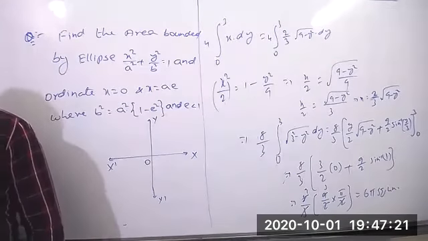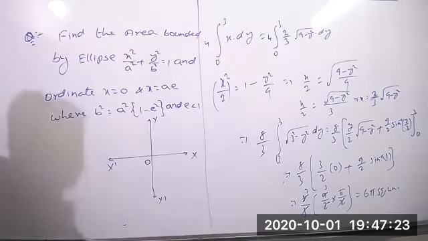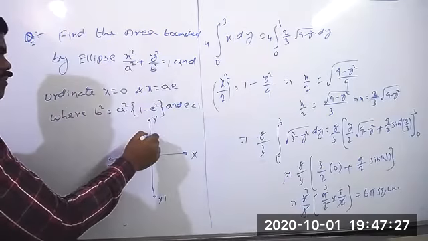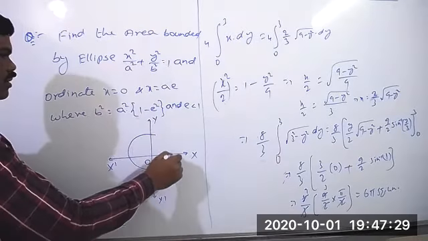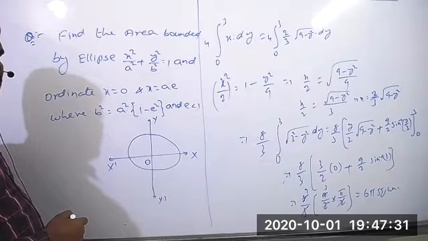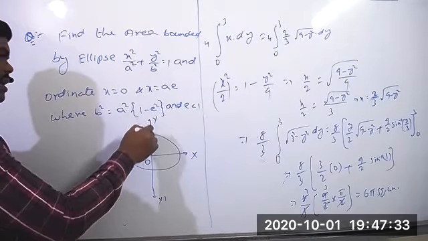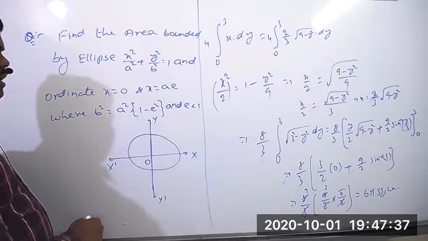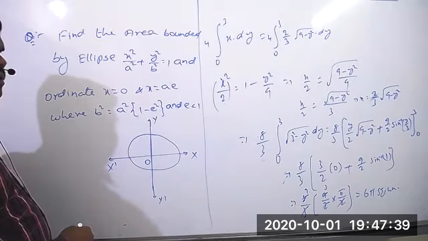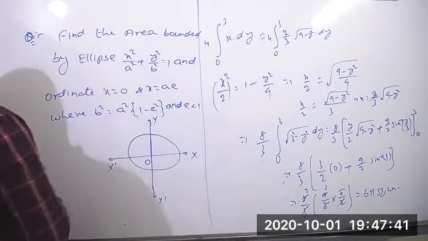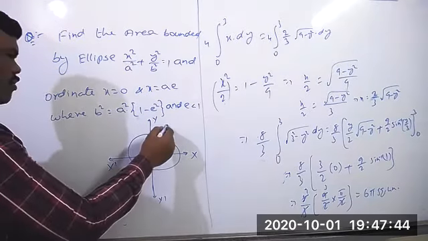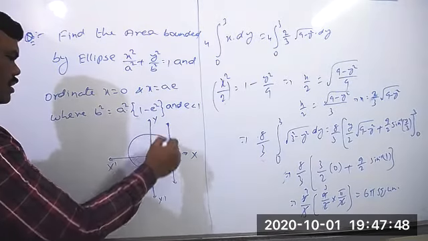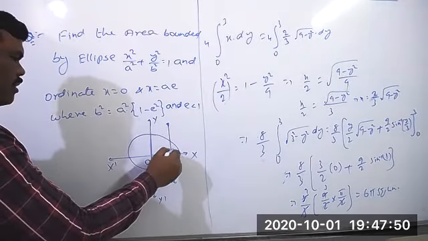For the ellipse, generally, if they are not giving any condition, by default you will always take it horizontally. This is the line x equal to 0. And one more line, where will we get x equal to ae? Suppose x equal to ae, we get it here. This is the line x equal to ae.